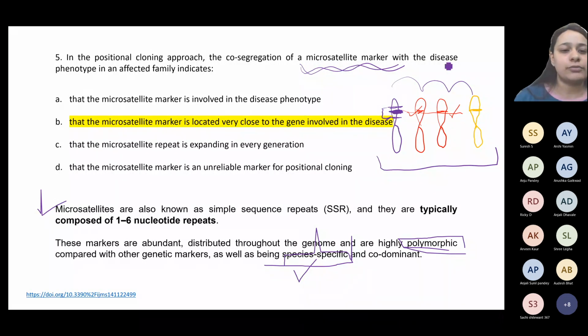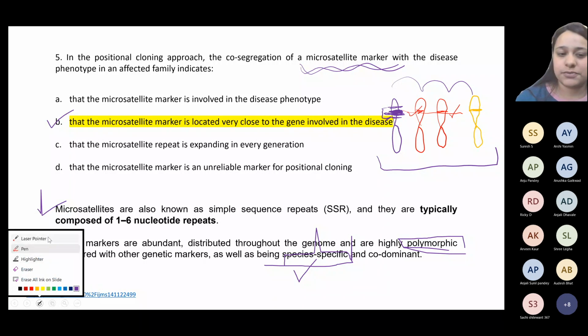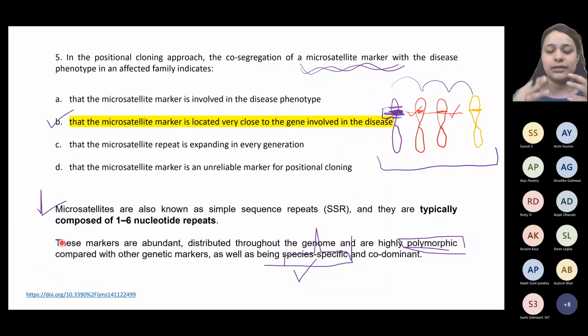It means that 90% of the times this particular microsatellite is segregated along with this particular gene, right? So that is why option B is correct. Along with explaining why option B is correct, I got a little carried away from the flow, but I wanted you to understand exactly what microsatellite markers are. I hope that is clear.